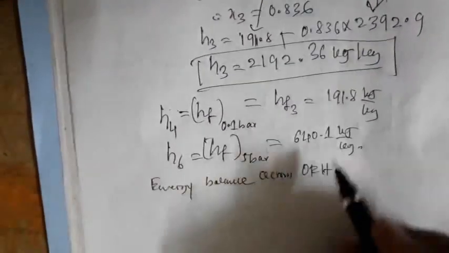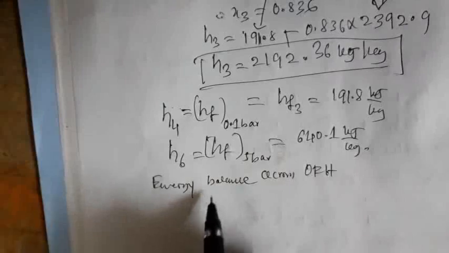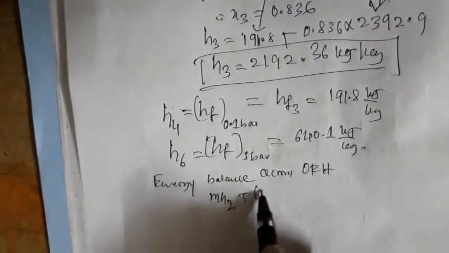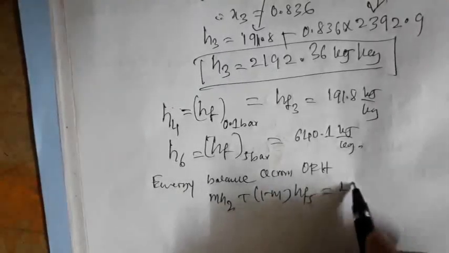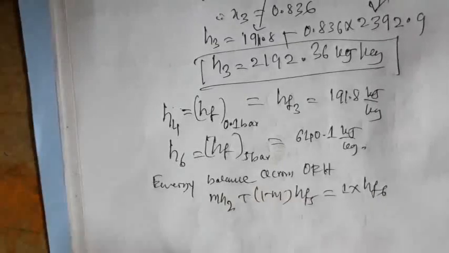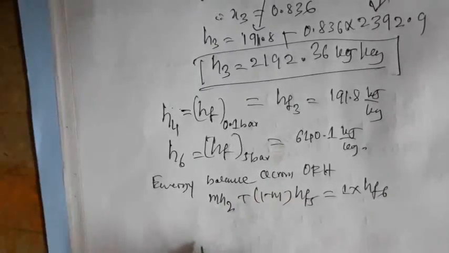After applying that, I have the energy balance equation: M into H2 plus 1 minus M into HF5 is equal to 1 kg into HF6.